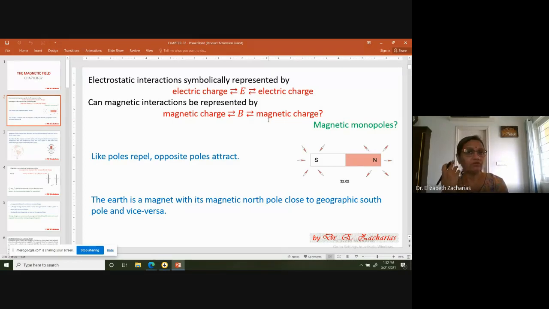But whenever you talk about magnetism, you've all heard of magnetic poles, a north pole and a south pole. You know that the north pole of a magnet is the one which, when suspended freely, will point in the direction of the geographic north.